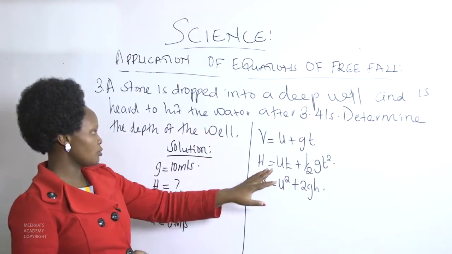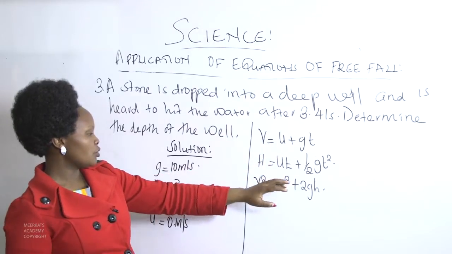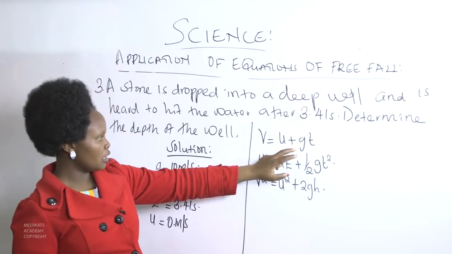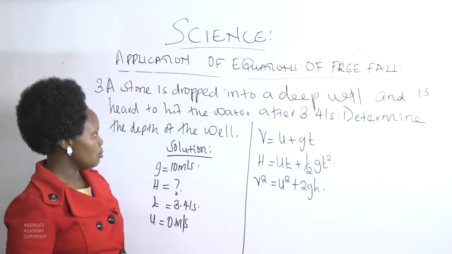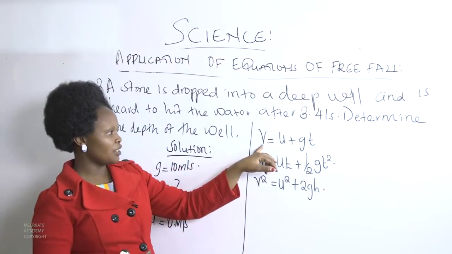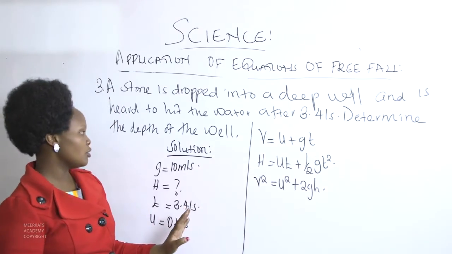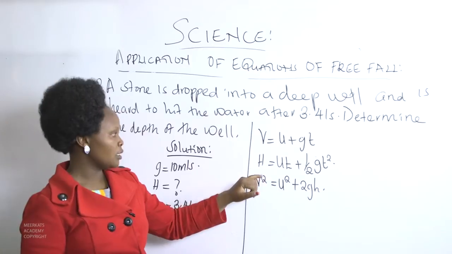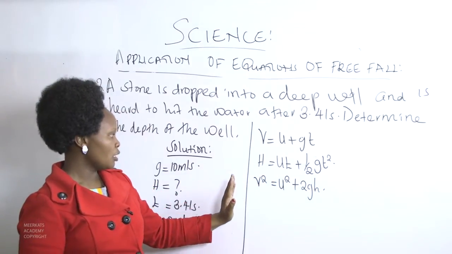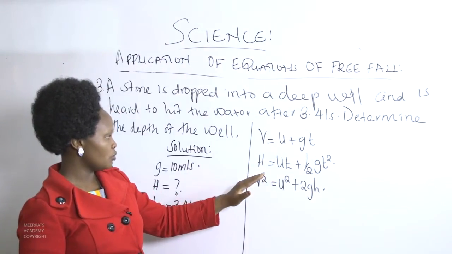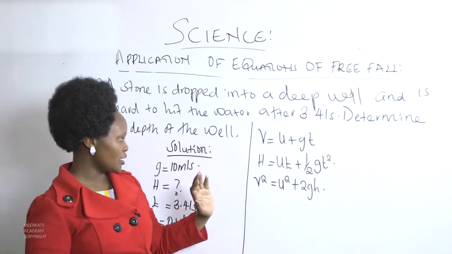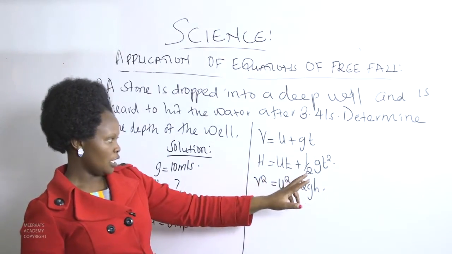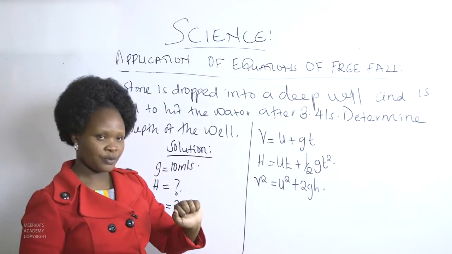Now for the first equation, we have t, g and u, but we don't have v, and again we don't have the height factor. For equation number 2, the height factor is there. We have u, we have t, and we have g.